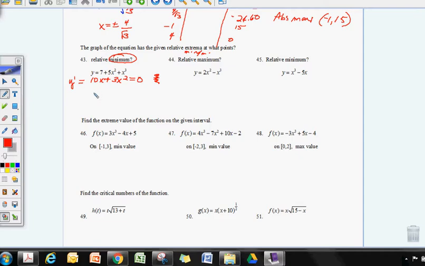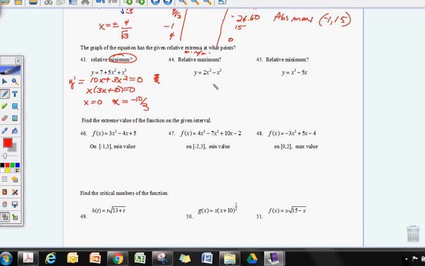So I factor out an x, and I'm left with 3x plus 10 equals 0, which then x equals 0, x would equal negative 10/3.